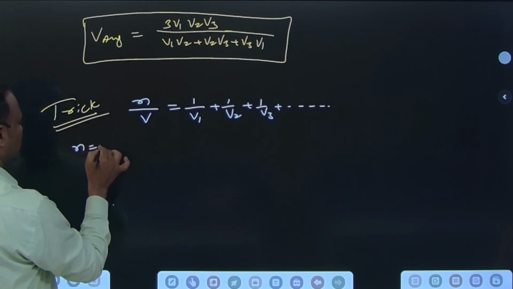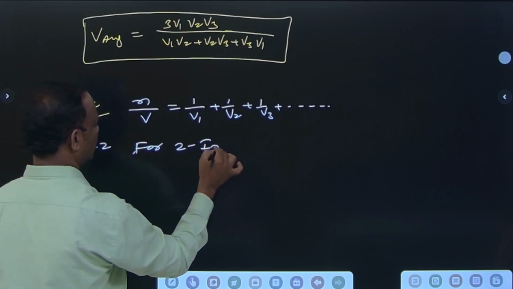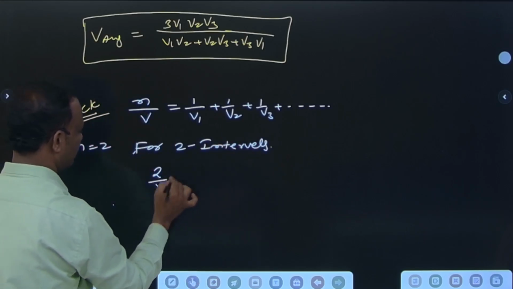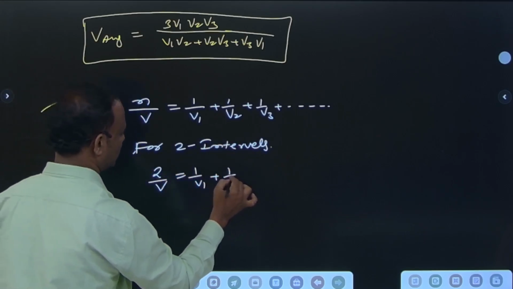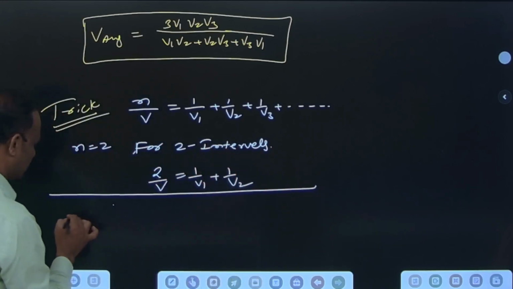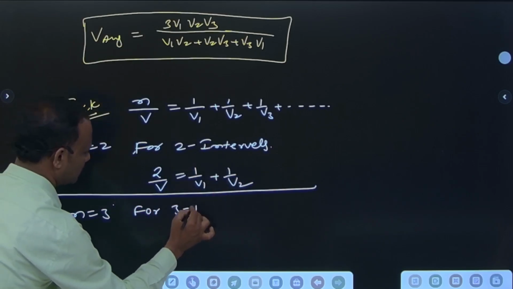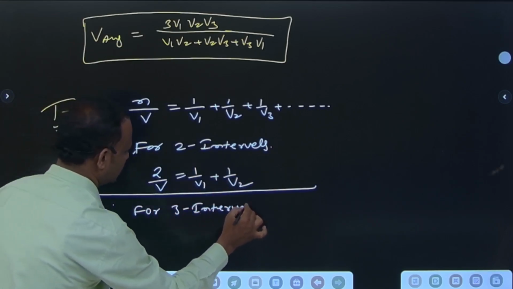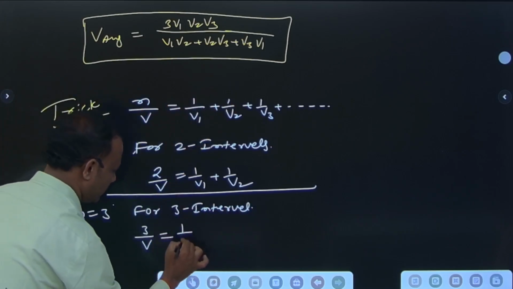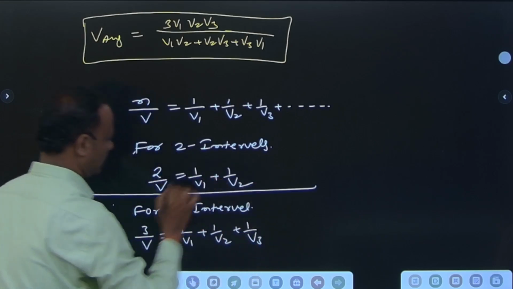For N equal to 2 intervals, 2 by V is equal to 1 by V1 plus 1 by V2. For N equal to 3 intervals, 3 by V is equal to 1 by V1 plus 1 by V2 plus 1 by V3.